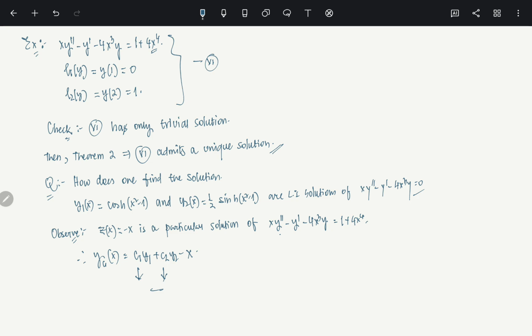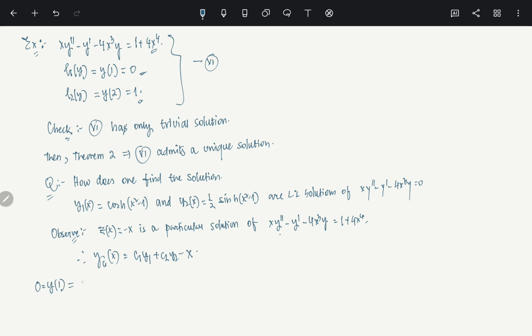See, this data is there. y at the point 1 is 0, y2 at the point 1 is 1. If you put this data here, we have 0 equals y at the point 1. What is y at the point 1?